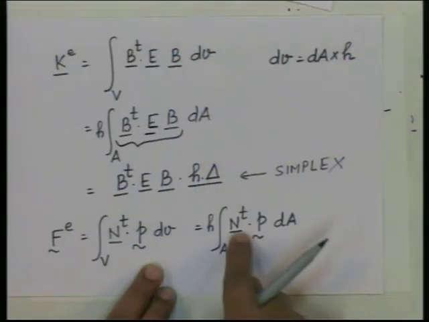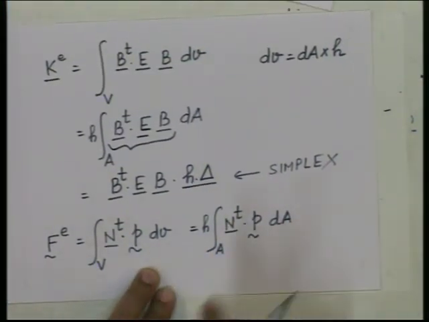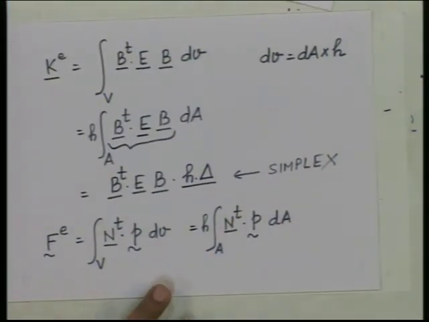How many people know how to do integration over triangle? Integration over rectangle is easy, triangle is not very easy. What is the alternative? Any function, because this is any function multiplied by this, some function of x and y integrated over triangle 1, 2, 3.